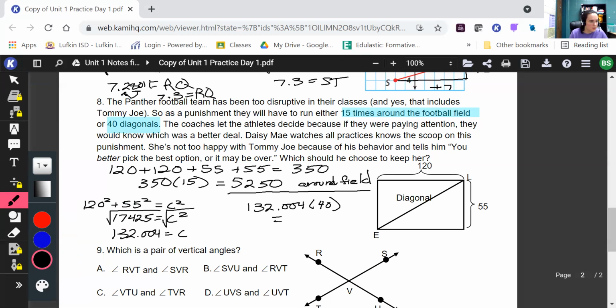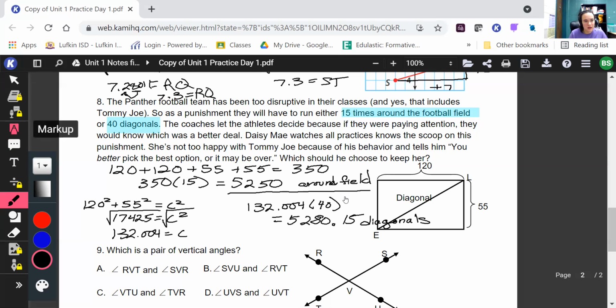And that equals 5,280.15 for the diagonals.